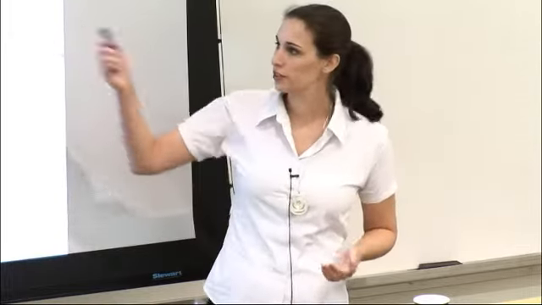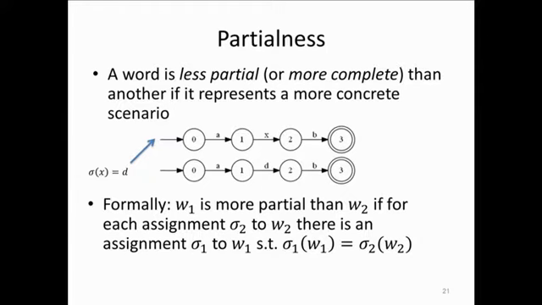So for instance, if we look at these two over here that are very obviously partial, for the empty assignment to ADB, that's basically each assignment that we can have here, there is an assignment, x equals d, that's going to give us word equality. So we say that AXB is partial to ADB.